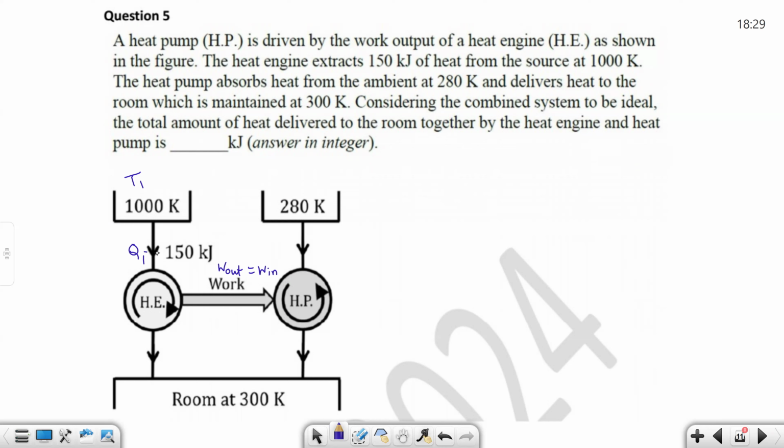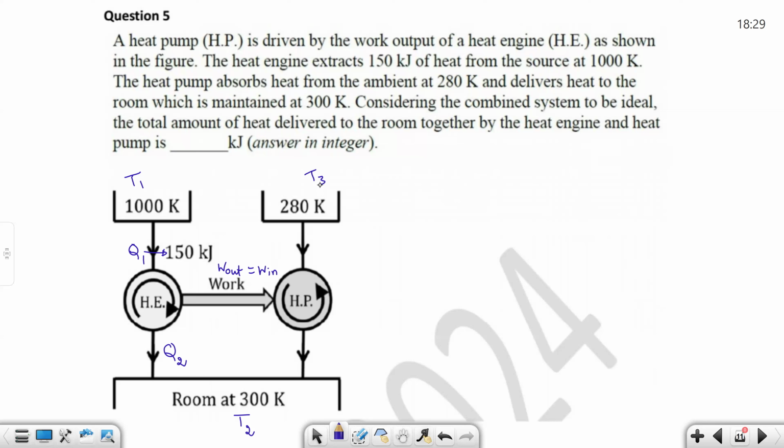Q1 is your 150 kilojoule, and there will be a heat rejection Q2 with the temperature T2. Now this we take it T3. There are 3 reservoirs.